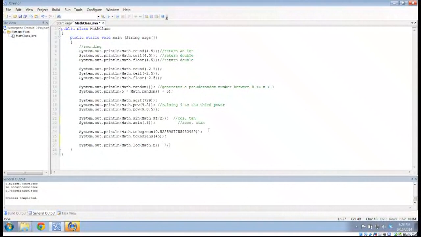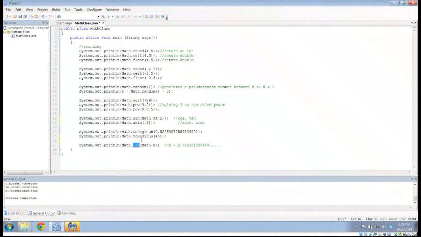E is equal to 2.7182818284559... One of those transcendental numbers that keeps going on and on forever. Now, what's also important to note is that this is actually the natural log.